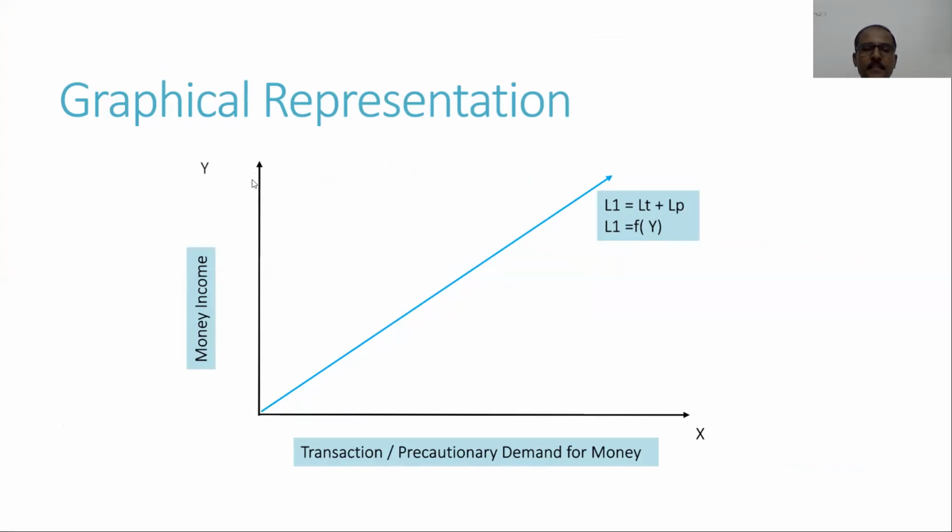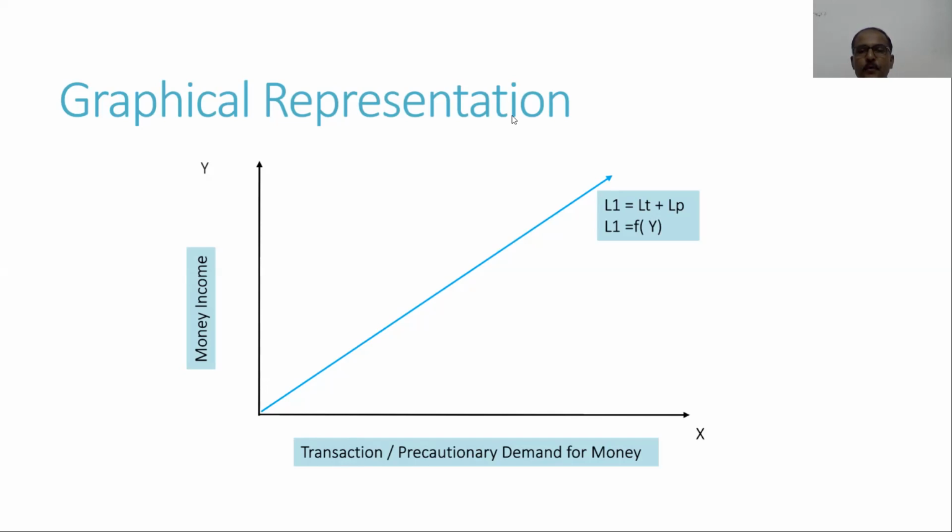In this graph, on the y-axis we have taken the money income of a person, whereas on the horizontal axis we have taken transaction demand for money and precautionary demand for money. There is a straight direct relationship between these two, explained with this upward line, indicating that as the money income of the person increases, his transaction demand and precautionary demand for money also increase, and vice versa.